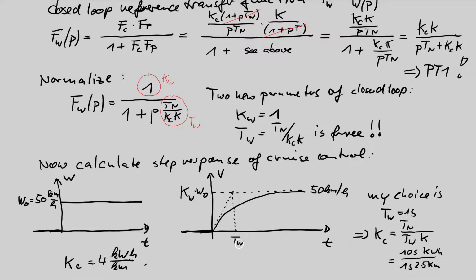And furthermore, with a new choice of Kc, this could be much faster. So there is theoretically no limit for this speed. If I select 1 millisecond, then after 1 millisecond I'm driving 50 kilometers per hour. That is not survivable, of course, but theoretically this is possible.